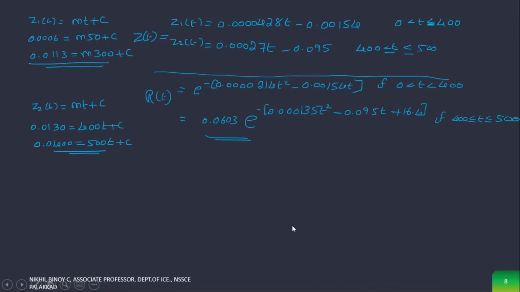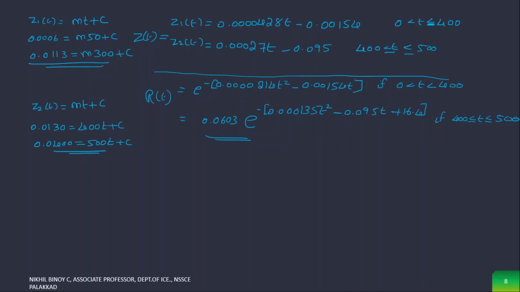What is our question? We are asked to find reliability corresponding to t equal to 325. So exponential. Now we have to use the first equation. 0.0000214 into 325 square minus 0.00154 into 325.